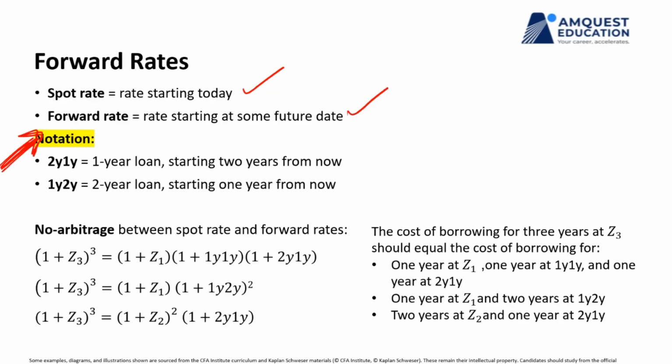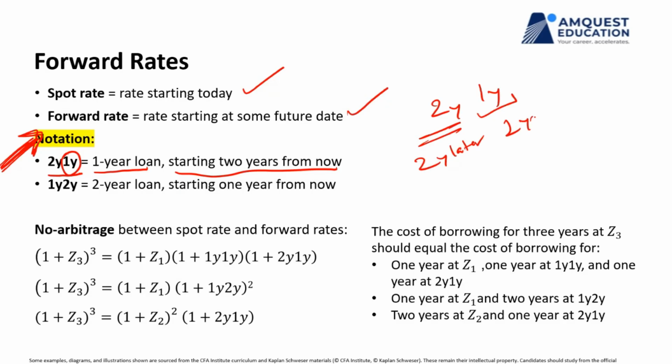So when we write something like this, 2y, 1y, this means a 1 year loan. I'm going to take a 1 year loan, but after 2 years, right? So 2y 1y means 2 years later, you are going to take a 1 year loan. 1y 2y, therefore, 1 year later, a 2 year loan.